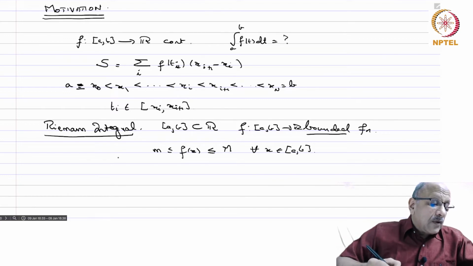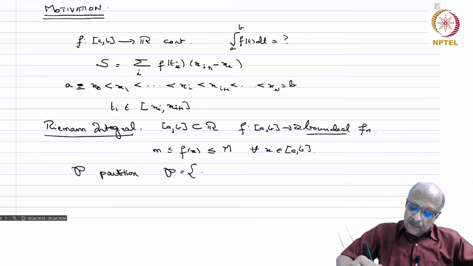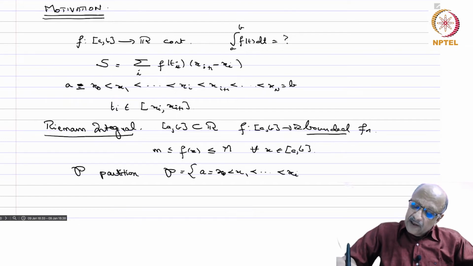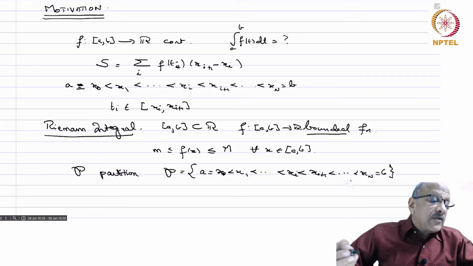Then we look at a partition. P is of the form a equal to x_0 less than x_1, and so on, less than x_{i+1}, and so on, less than x_n equal to b.